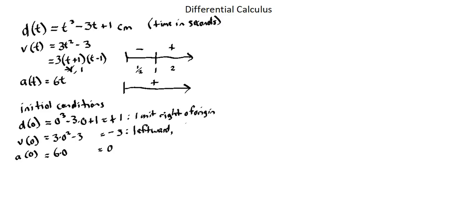So now coming back down to evaluate my velocity, my initial velocity of -3, I know that I'm moving leftward. I have a negative value. And speed, remember that speed is the absolute value of velocity. Speed is 3 centimeters per second. Units of distance are centimeters, units of time are seconds.